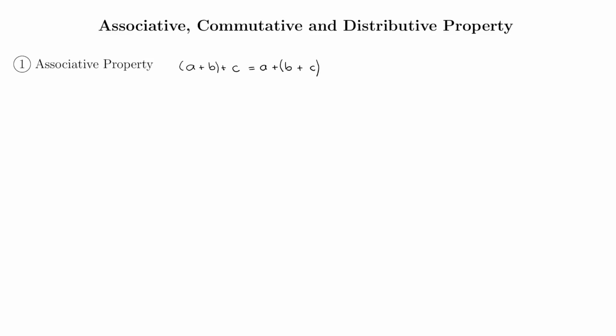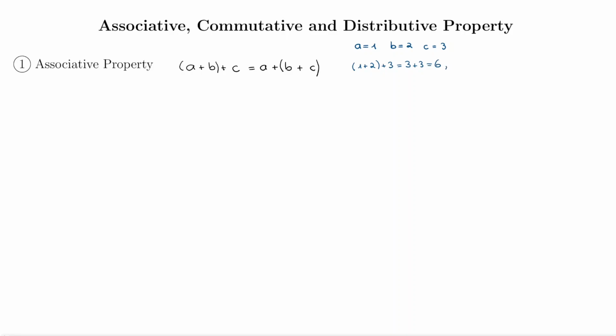Let's have a look at an example and see with actual numbers that this expression here is true. So let's say I just pick A is equal to 1, B is equal to 2, and C is equal to 3. That would mean opening bracket 1 plus 2, closing bracket, plus 3. 1 plus 2 is 3, plus the remaining 3 is 3 plus 3, and 3 plus 3 is 6.